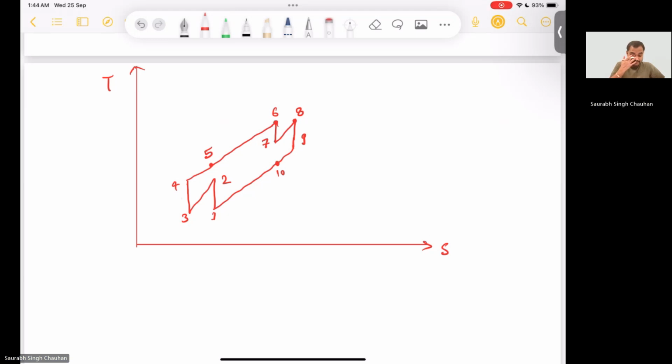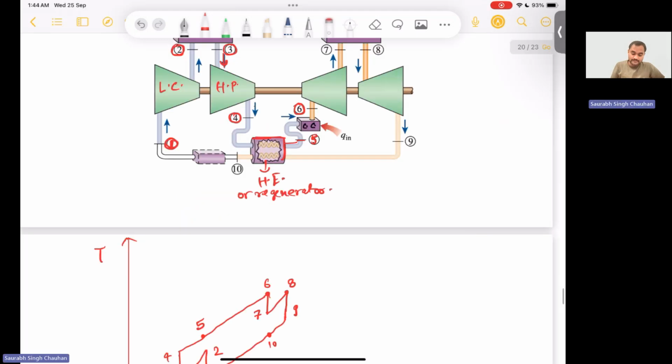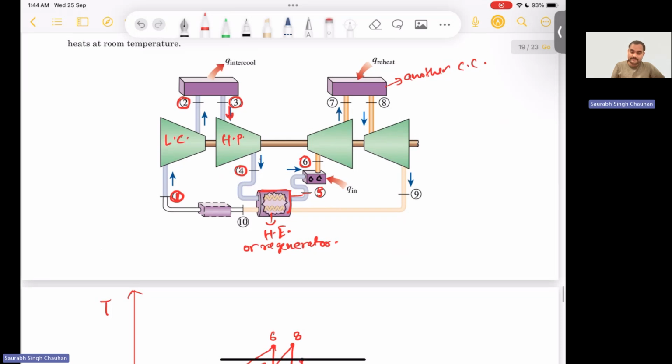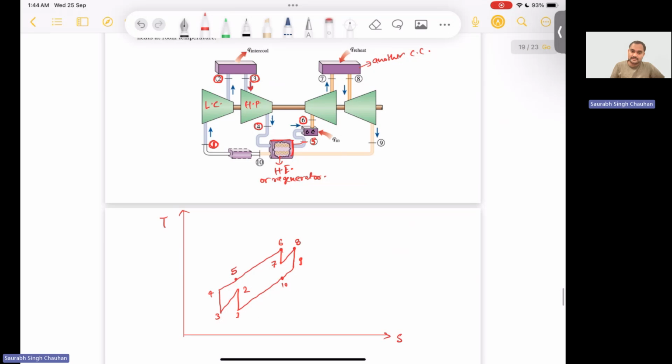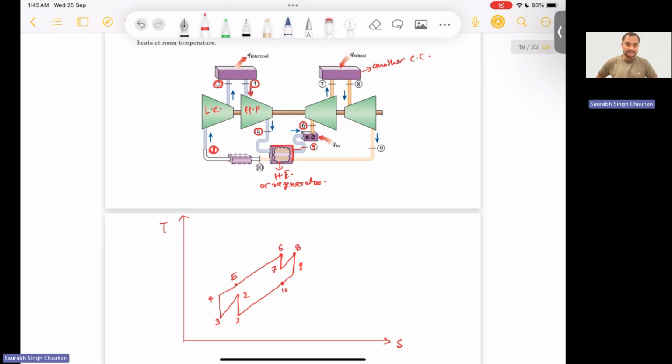These points are marked in this diagram, so you can see which component is undergoing which type of process. We will assume that all the processes are ideal, and the air is an ideal gas, and its properties we will take to be constant, at room temperature values.